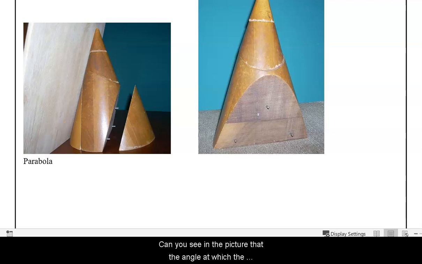Can you see in the picture that the angle at which the board is touching the single nap of the cone is in fact parallel to the angle of the cut that produces the parabola? In other words, this red line and this red line are parallel to each other.